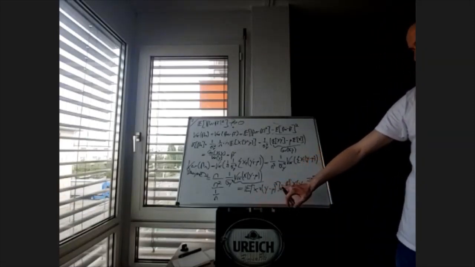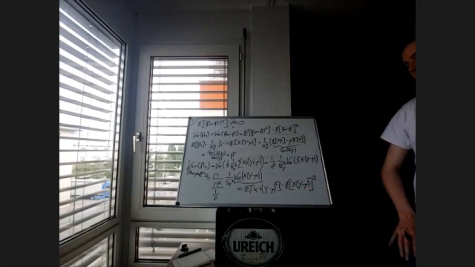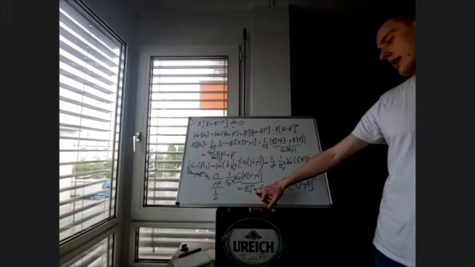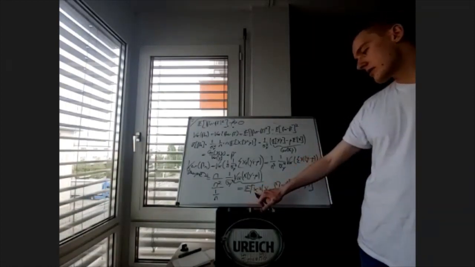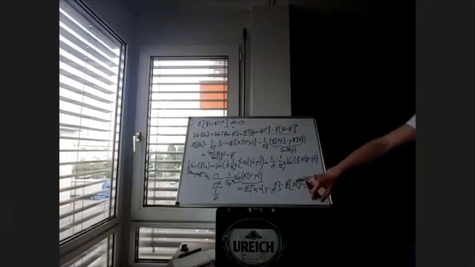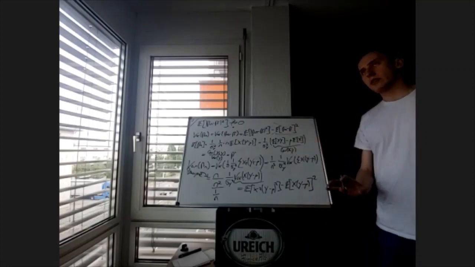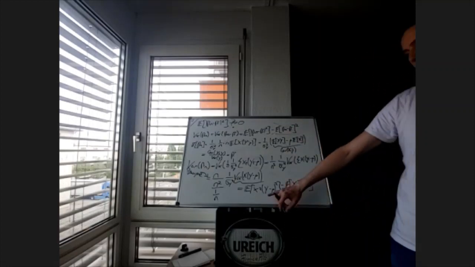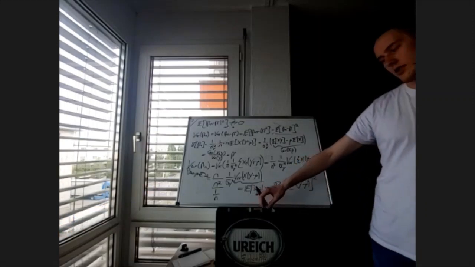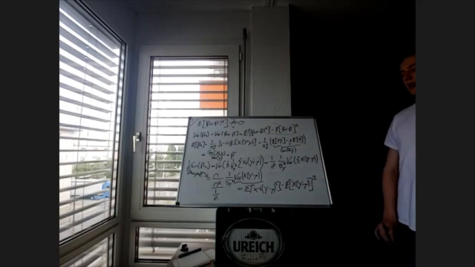We can again apply Hölder or Cauchy-Schwarz, which leaves us with the fourth moment of x times the fourth moment of y minus mu and the square root, but we can ignore that. And it was an assumption that the fourth moment is finite.